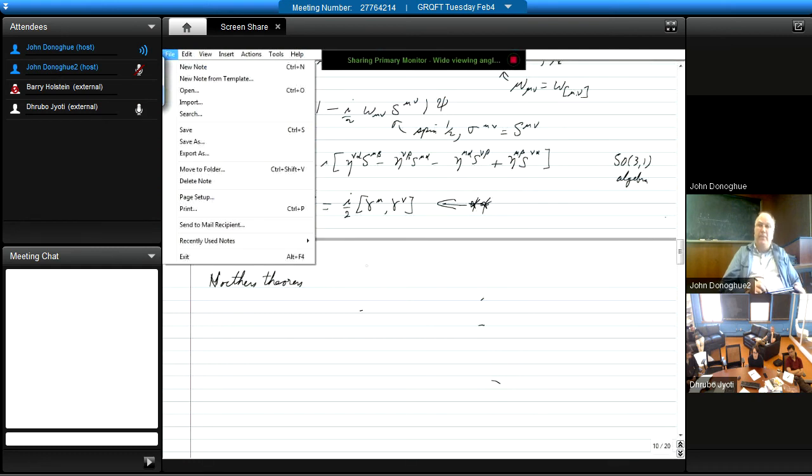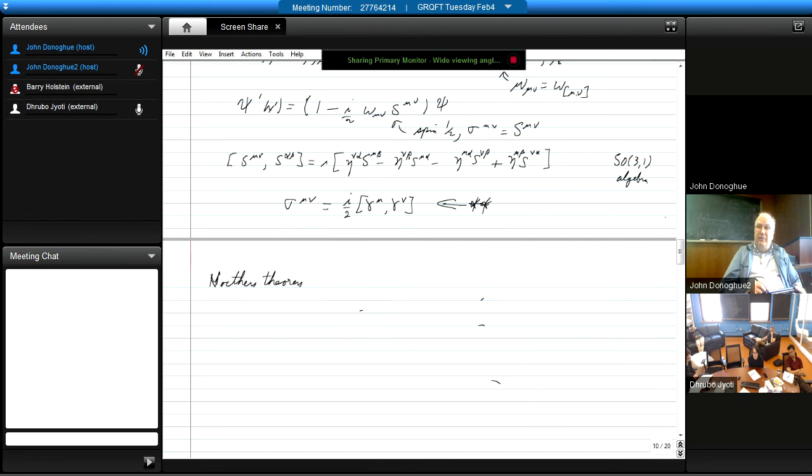Okay, yeah, so here's how you do it. Basically, what you want is you want the Dirac action to be invariant. So it's psi bar (i gamma mu d mu minus m) psi. We're going to make the coordinate transformations.